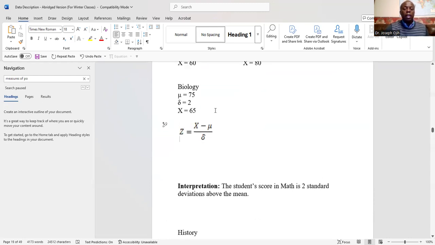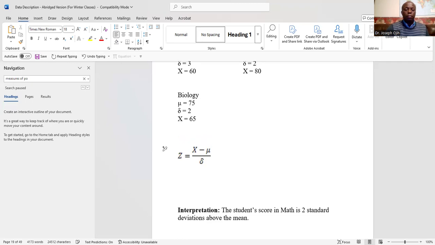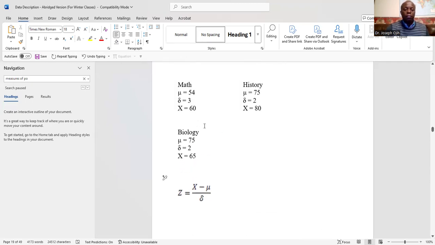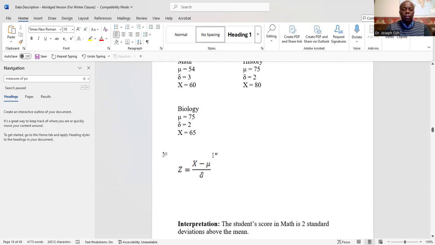Now, for maths, Z equals, excuse me, I'm going to write it under.